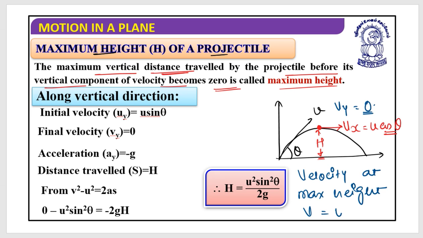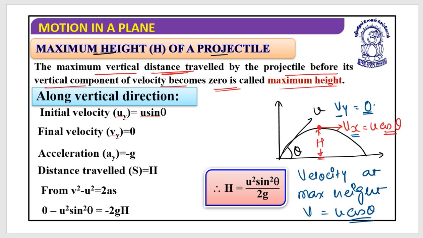It should be u cos theta. Because we went through the third unit, motion in a straight line, and at that time we were always discussing that at maximum height velocity would be 0. So that has been our practice. But here that is not the case, because I have two velocities at the same time at the same position while talking about motion in a plane.